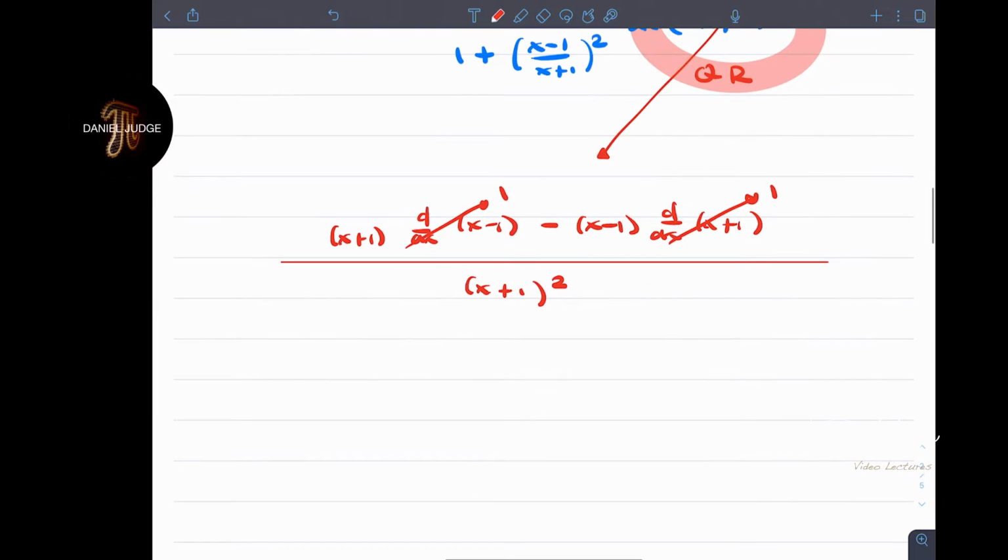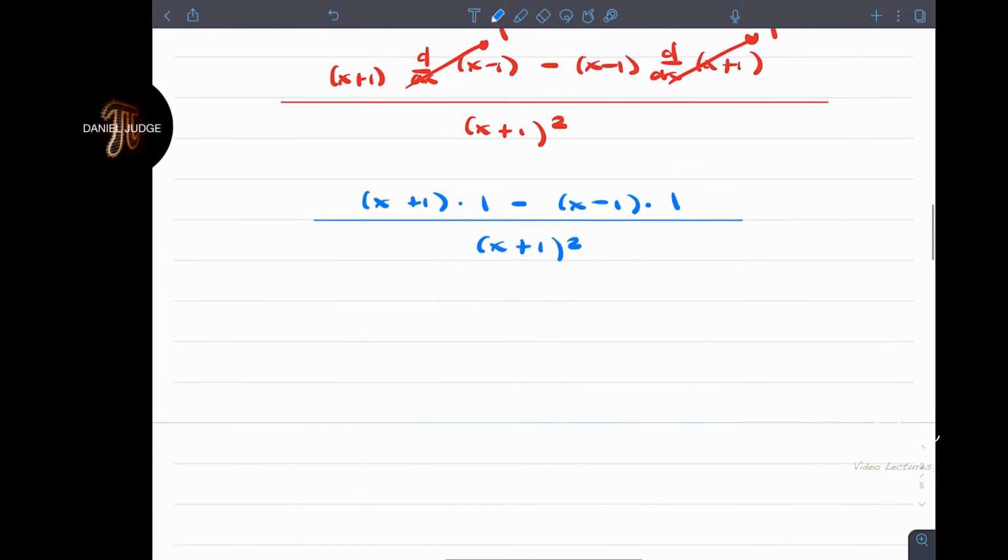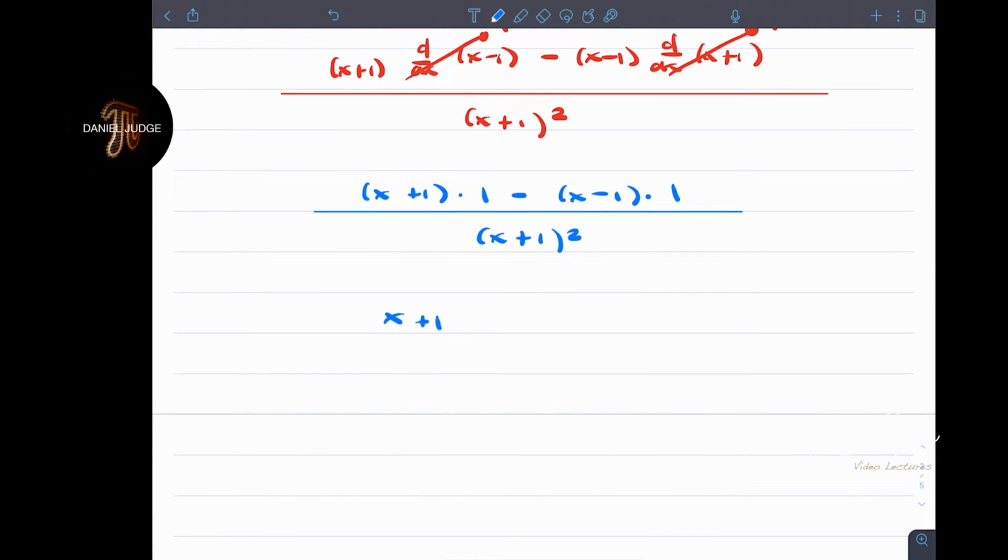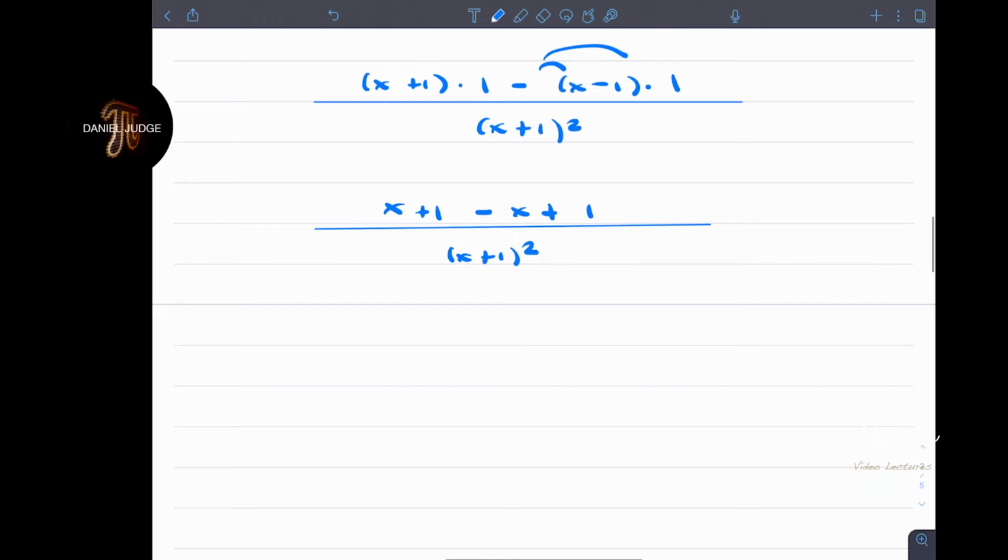These are these derivatives here. And I get x plus 1 times 1 minus x minus 1 times 1 over x plus 1 squared. So we're going to distribute here. And sure enough, we're going to get 2 over this x plus 1 squared.